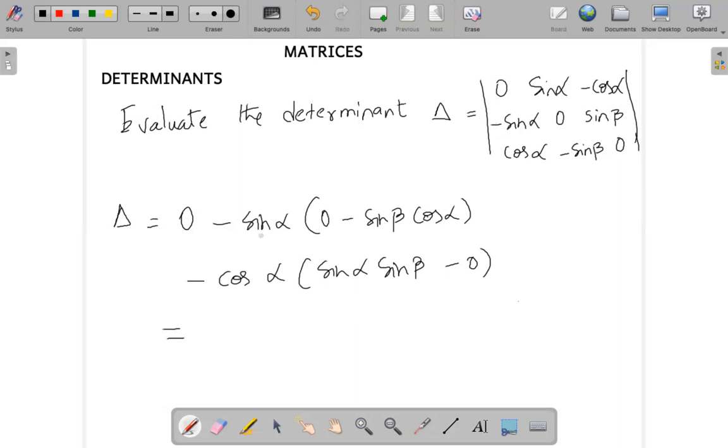If we simplify this further, you get sine alpha sine beta cos alpha, and this will be minus cos alpha sine alpha sine beta. If you look at this, these two are the same but with opposite signs, so that results in 0. So the determinant will be 0 for this.